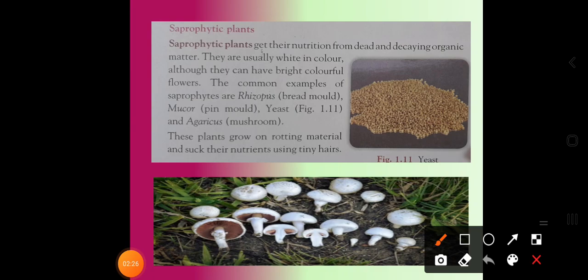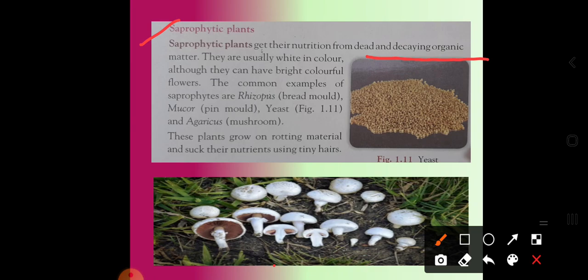Saprophytic plants get their nutrition from dead and decaying organic matter. So they are getting their nutrition from decaying materials, and such plants are called saprophytic plants. Which are the common examples of saprophytic plants?